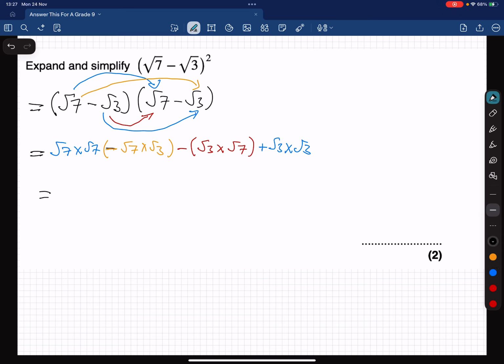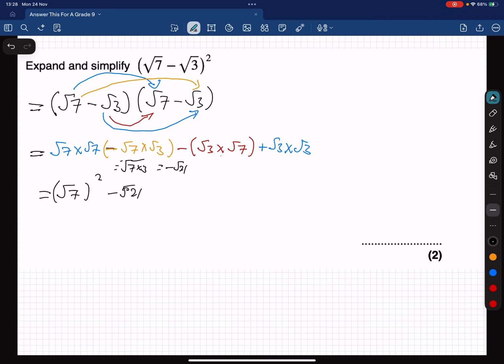So this is equal to root 7 squared. This minus root 7 times root 3 is equal to 7 times 3, so minus root 21. So minus root 21.